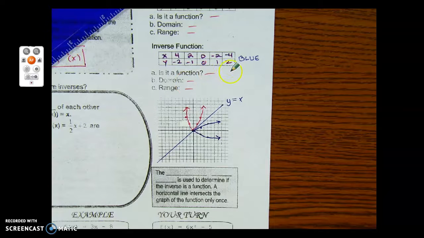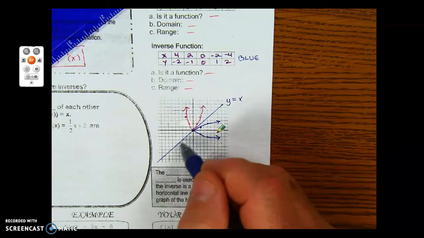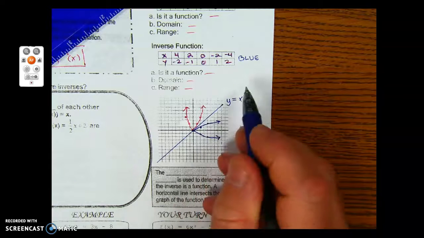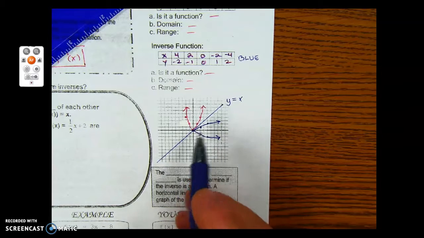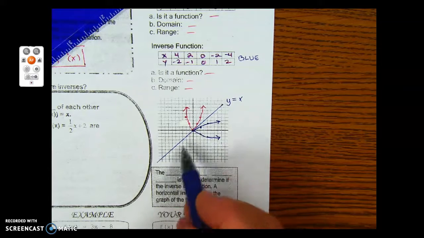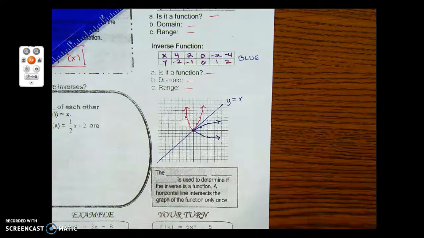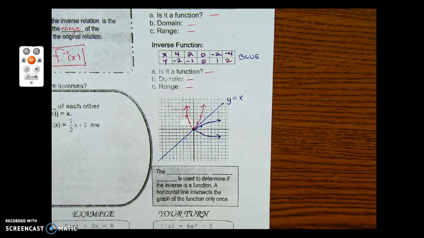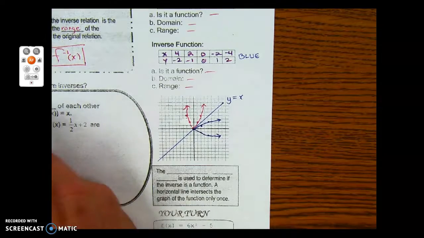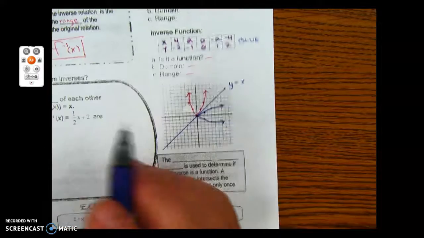So guys, now I graph the inverse function in blue. And what you see is it's a reflection over this line y equals x. That's another way to look at inverse functions: if you were to fold the paper along this line, these two graphs would be on top of each other, okay? So that is how I know that two functions are inverses.